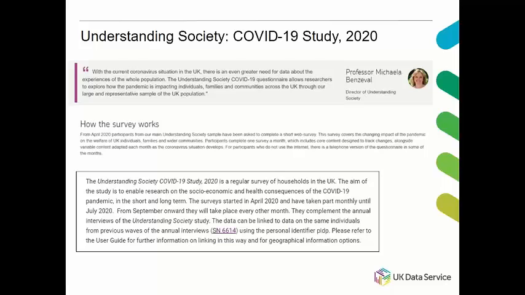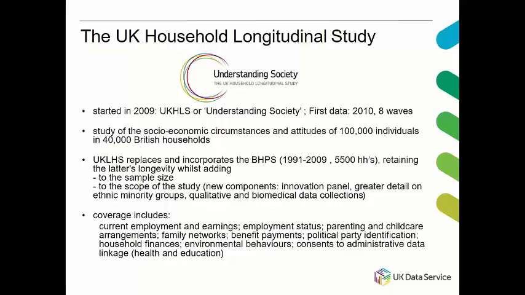It has been monthly from April until July, and from September onward, it will take place every second month. That complements the annual interviews of the Understanding Society study. The really beautiful thing is you can link the data to the same individuals in the normal Understanding Society main data sets, and that absolutely enriches the whole thing. So it's fantastic research potential.